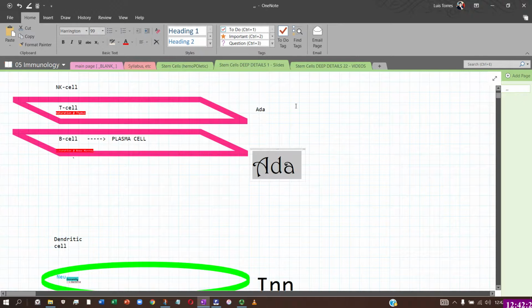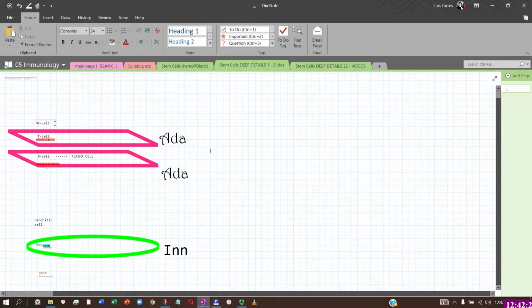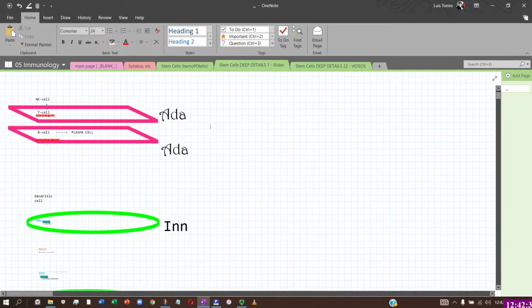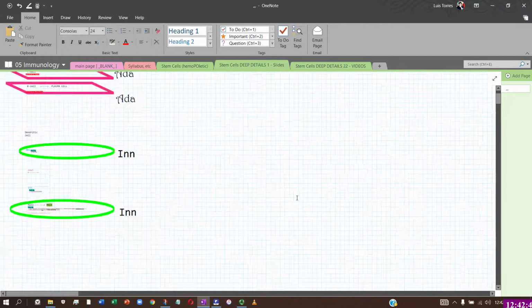Ada for adaptive. Okay, cool. So there's a summary. Out of this whole list of leukocytes, the T cells and B cells are the ones mainly involved in adaptive immunity. And when it comes to innate immunity, it's mostly the neutrophils and the macrophages, which come from monocytes.